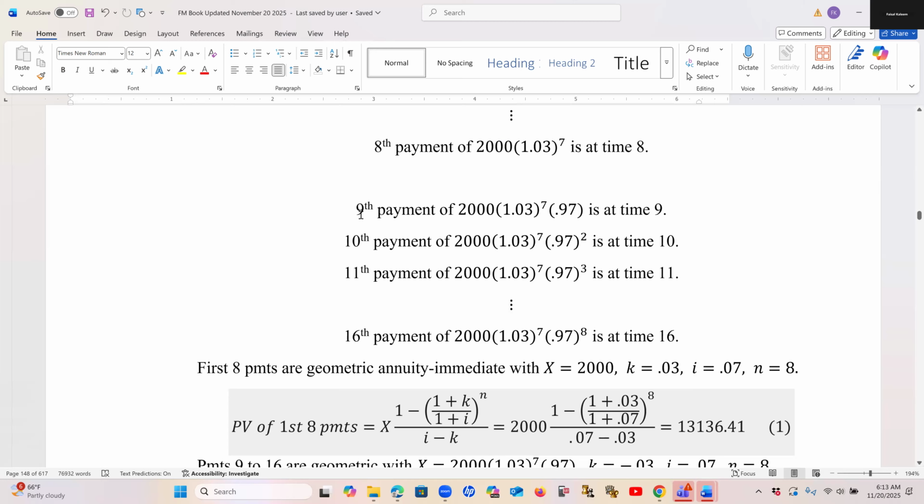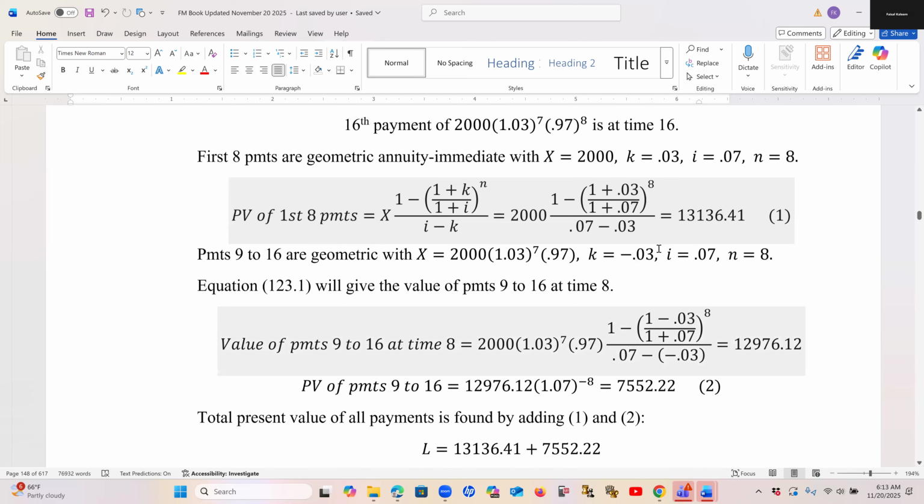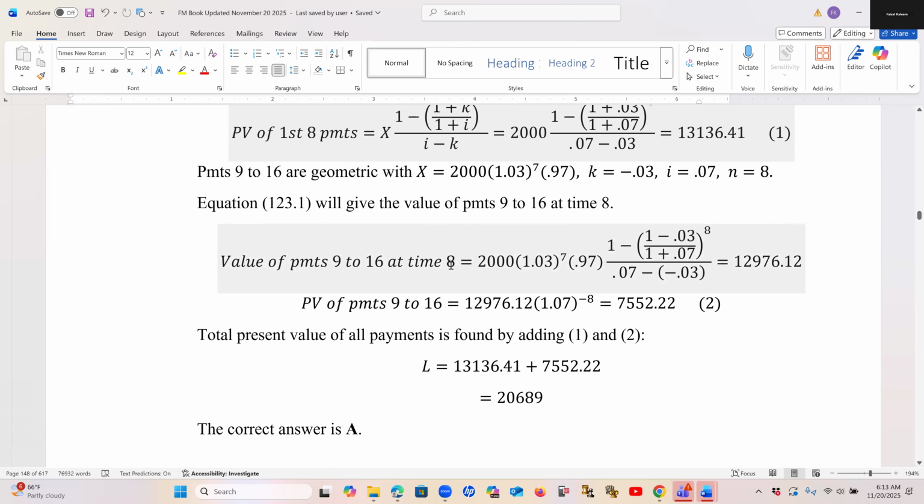The first payment in this case is the ninth payment, which is happening at time 9, and one period before that means we go to time 8. So that's why the present value formula gives us the value at time 8. If we want that value at time 0, which is the present value of payments 9 to 16, we bring it back from time 8 to time 0 by multiplying this value by 1.07 to the negative 8.